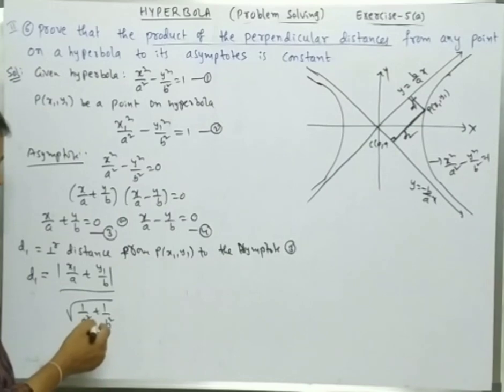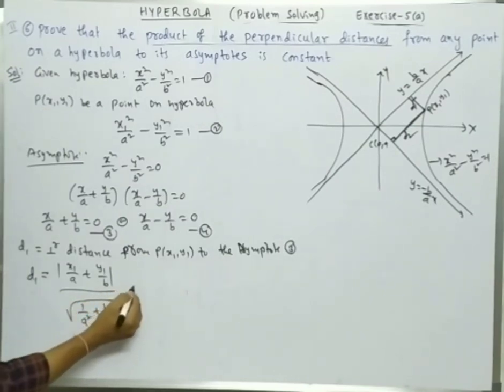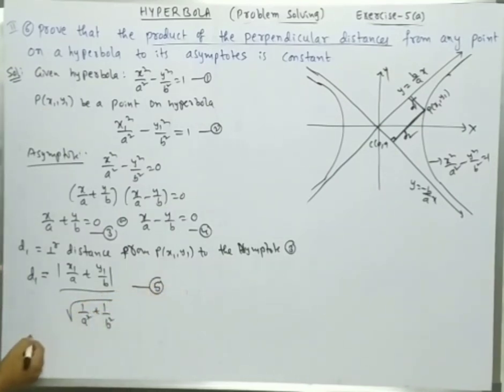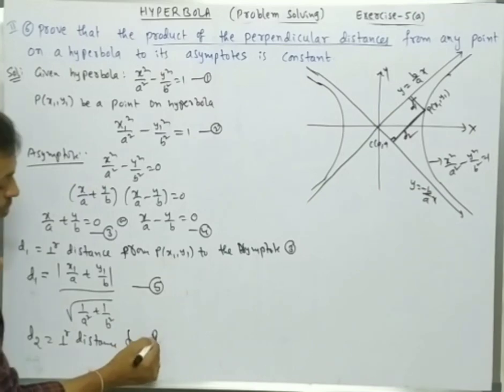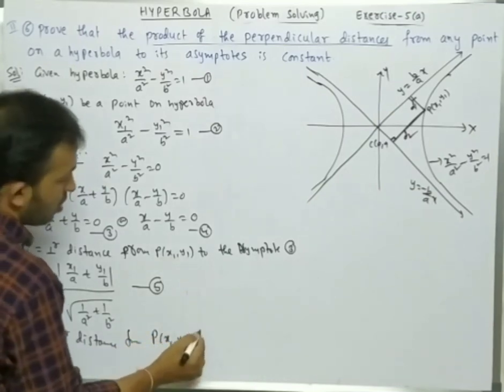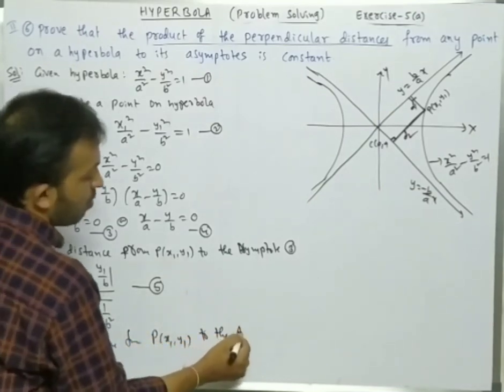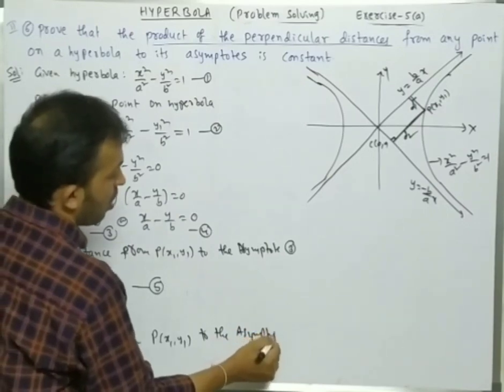Similarly d2, this is equation number 5. What is d2? It is the perpendicular distance from P(x1, y1) to asymptote 4.